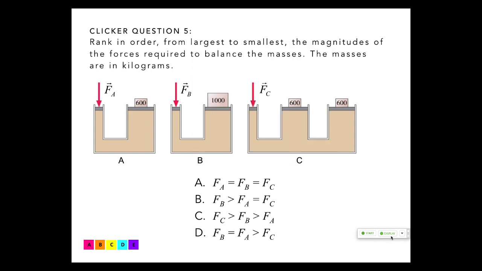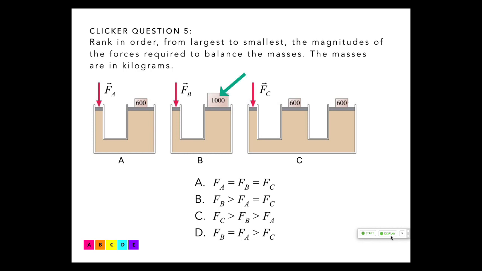Okay, so what's the force here? 600. Well, that's the mass, right? 600 times gravity. So it's about 6,000 newtons. 6,000 newtons over this area. Okay, this is 10,000 newtons over the same area.